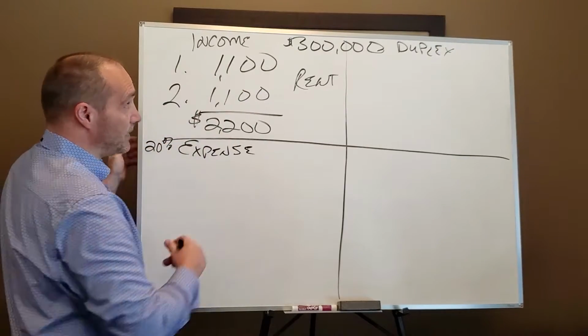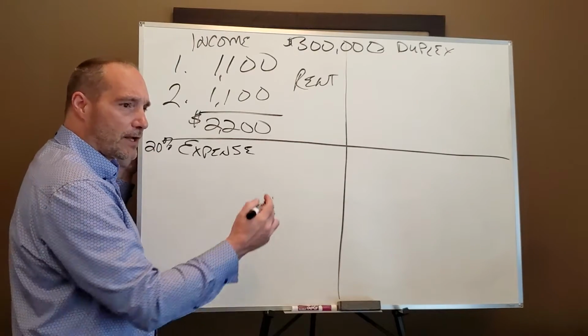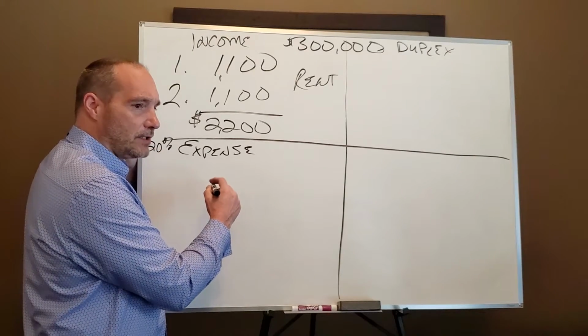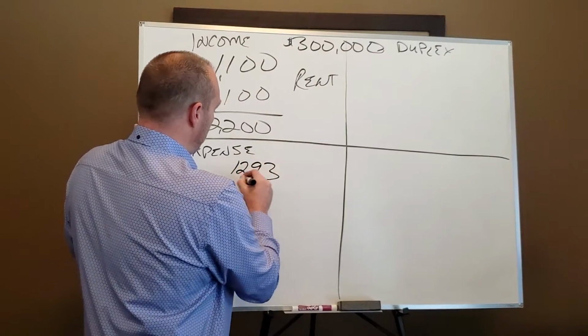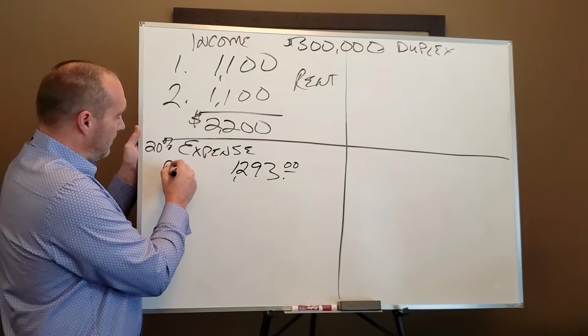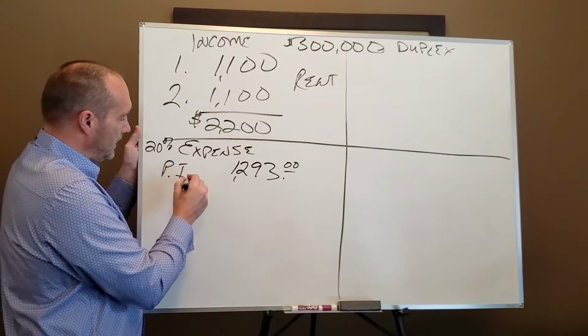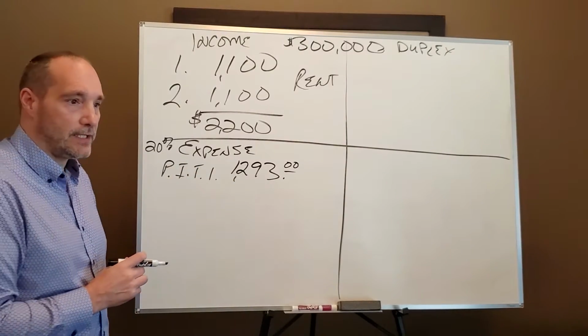In this case, that would be $60,000. And you're going to take out a mortgage that is going to cost you $1,293 a month, and that is going to be principal, interest, taxes, and insurance all calculated into that payment on a monthly basis.